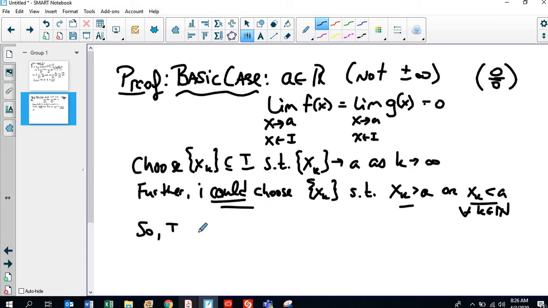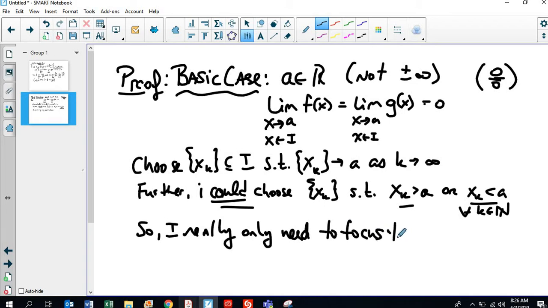So I really only need to focus the proof on one-sided limits, theoretically, right?